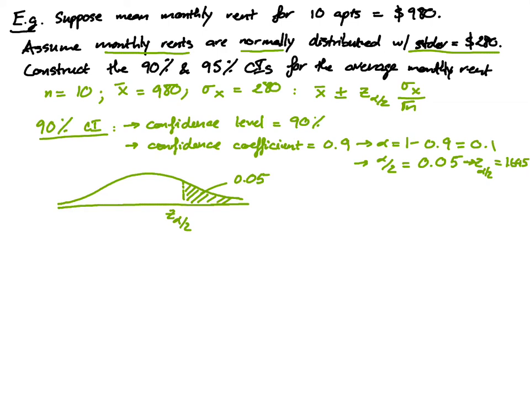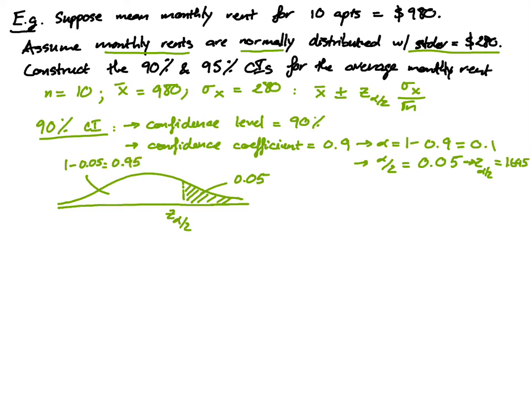So in order to use a table, we need to find the area, the unshaded area in this figure. And this unshaded area is just going to be equal to 1 minus 0.05, right, which is 0.95.